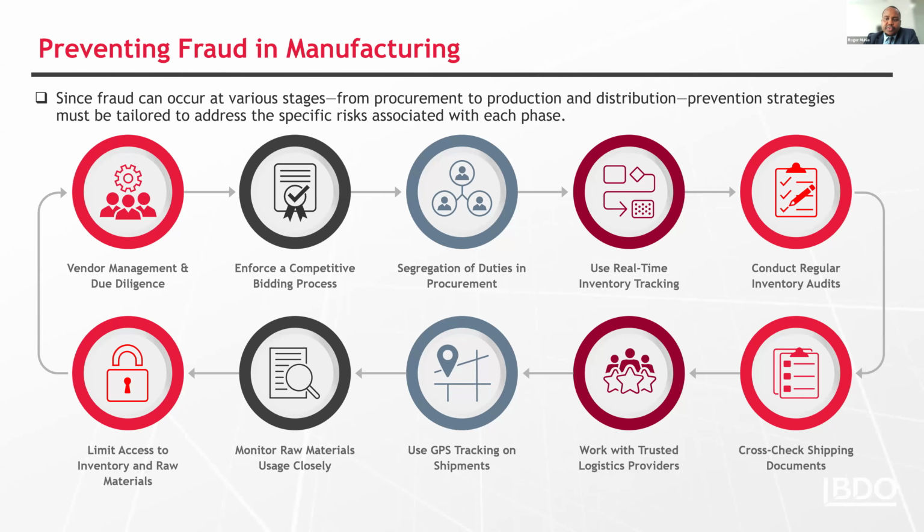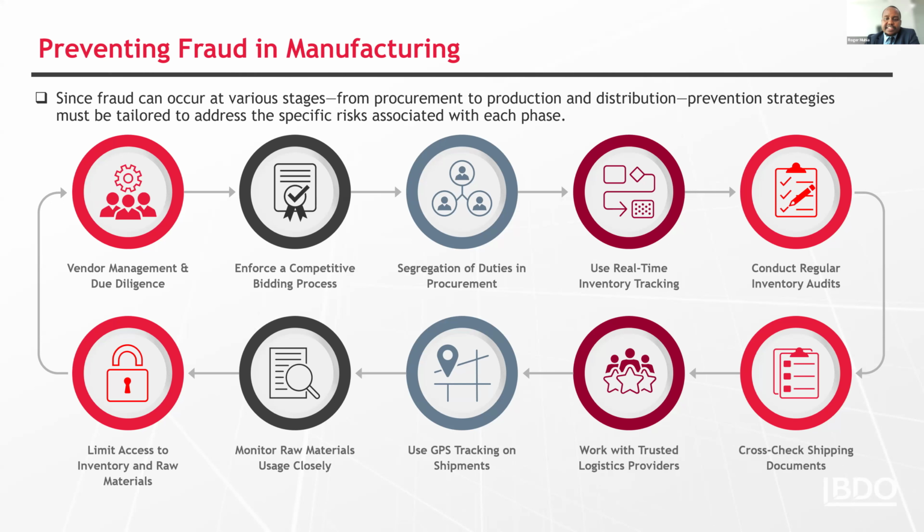Now, when it comes to fraud during production and inventory management, the key is to have a strong grip on what is coming in and going out of your facilities, whether it's your factory or your production floor or your warehouse and so on. And some of the ways that you can do this is, one, you can use a real-time inventory tracking system.